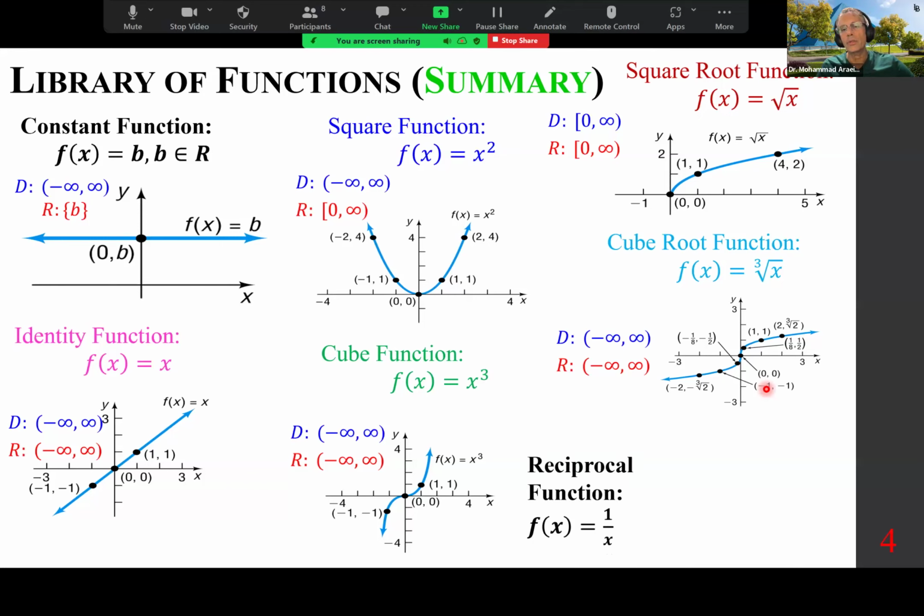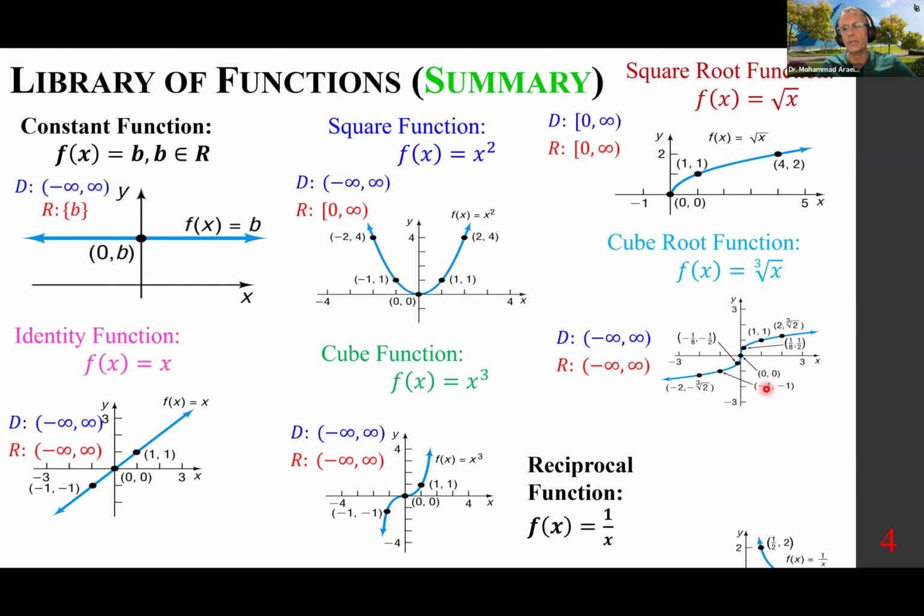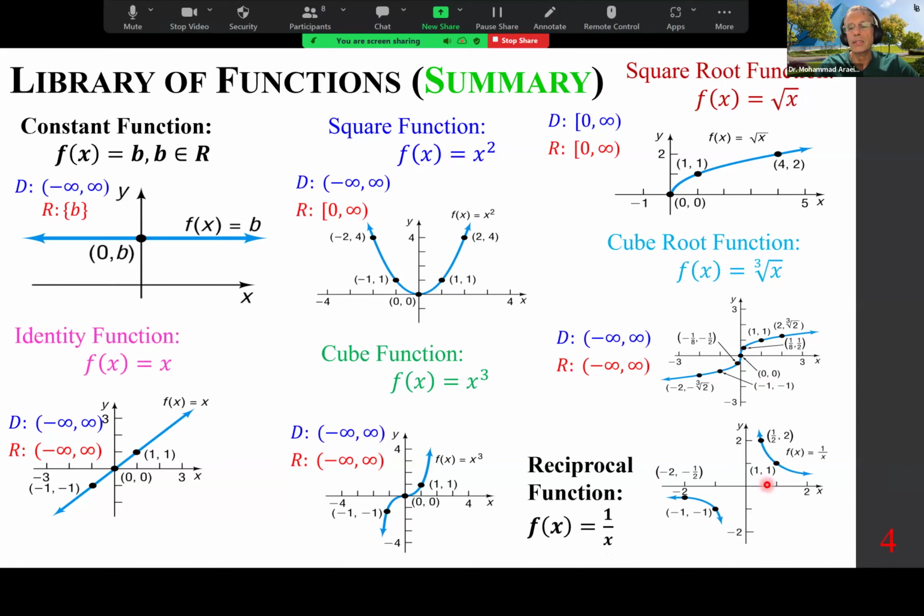In the case of a reciprocal function, f of x equals 1 over x, this is what it looks like. It covers all the x-axis except 0, all the y-axis except 0. So the way we write that, domain is from negative infinity to 0, union 0 to infinity, and the range is the same, negative infinity to 0, union 0 to infinity.